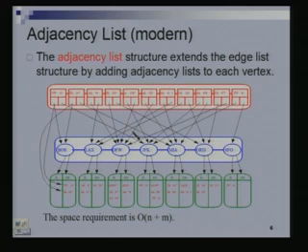I have both the in adjacency list and the out adjacency list. From each of these elements there are two pointers, one pointing to a list of incoming edges and the other pointing to a list of outgoing edges. So we have combined the adjacency list and the edge list data structure. Okay, good.